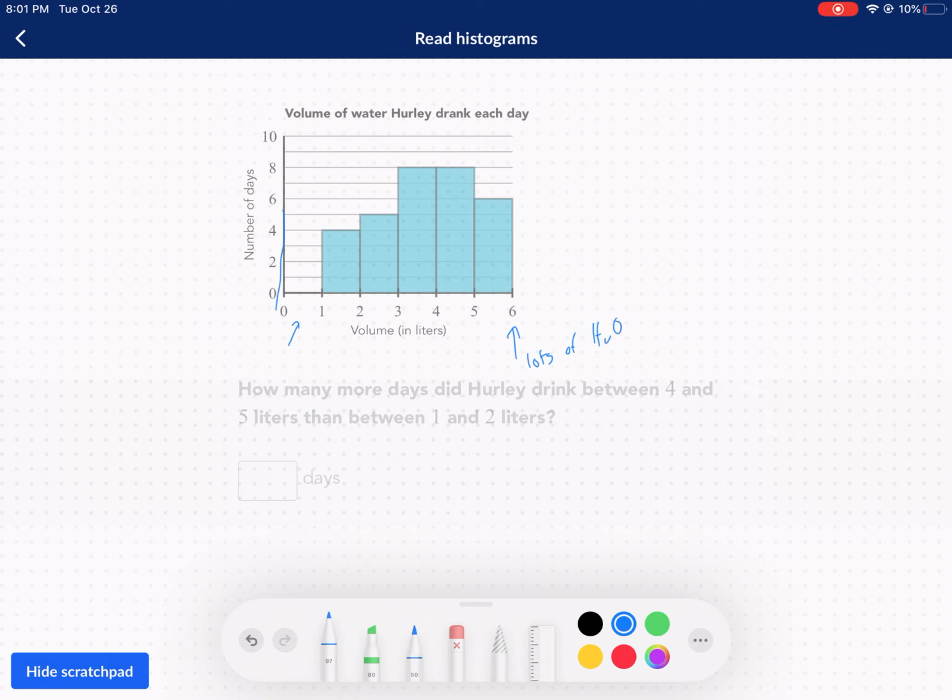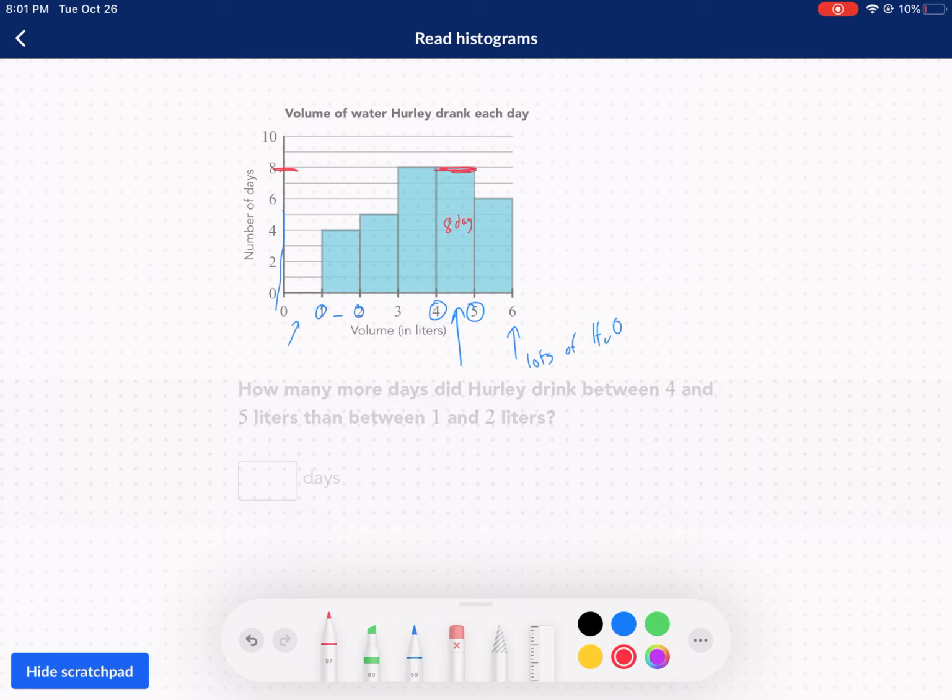The question is, how many more days did Hurley drink between 4 and 5 liters than between 1 and 2 liters? Between 4 and 5 liters is here, and between 1 and 2 is here. First we see how many days he drank between 4 and 5 liters.